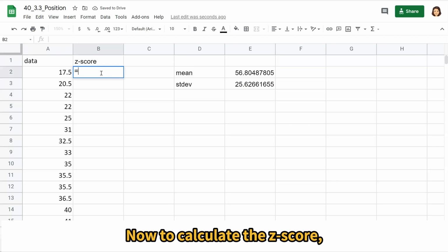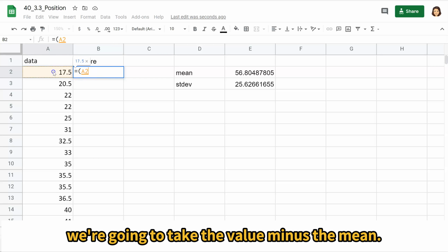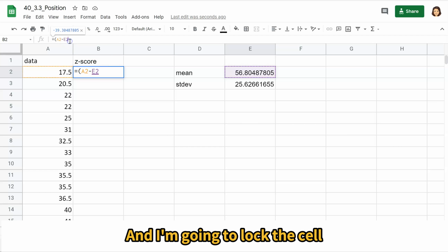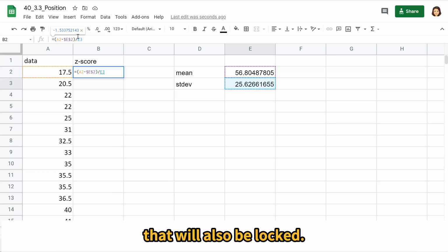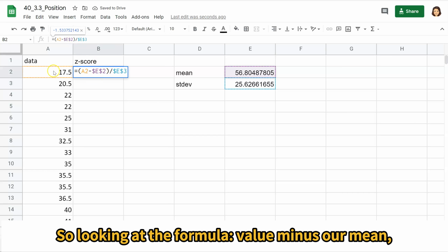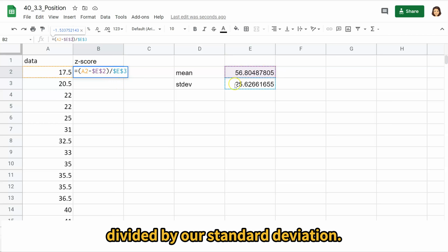Now, to calculate the z-score, we're going to take the value minus the mean, and I'm going to lock this cell reference with dollar signs, and then divide by our standard deviation that will also be locked. So looking at that formula, value minus our mean divided by our standard deviation.